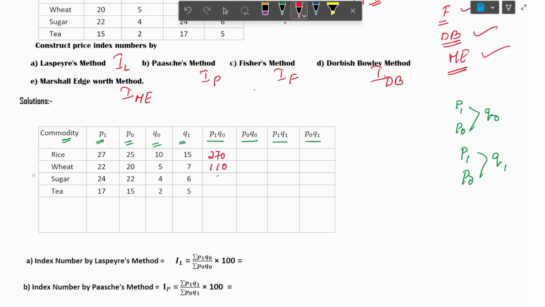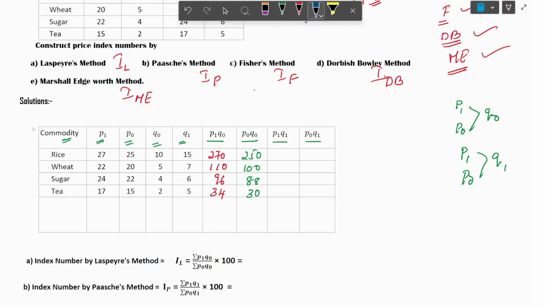Next, 96, 24 into 4. Okay, 17 into 2, that is 34. Next column, P0Q0: 250, 100, 88, 100. See, 20 into 5, 22 into 4, 88. Next, 30, 15 into 2.